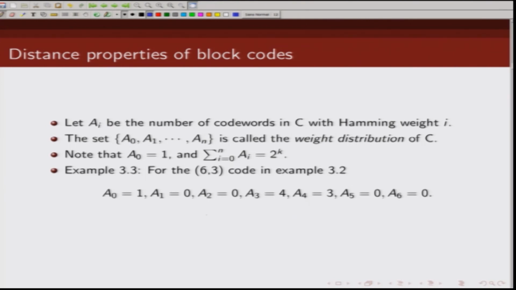I just worked out this example for the (6,3) code that we have shown in the previous slide, and I showed you that in this example A0 is 1, A3 is 4, A4 is 3, and all the rest are 0. I also showed you that the minimum distance of this code is 3, because the minimum weight of a non-zero code word in this example is 3.